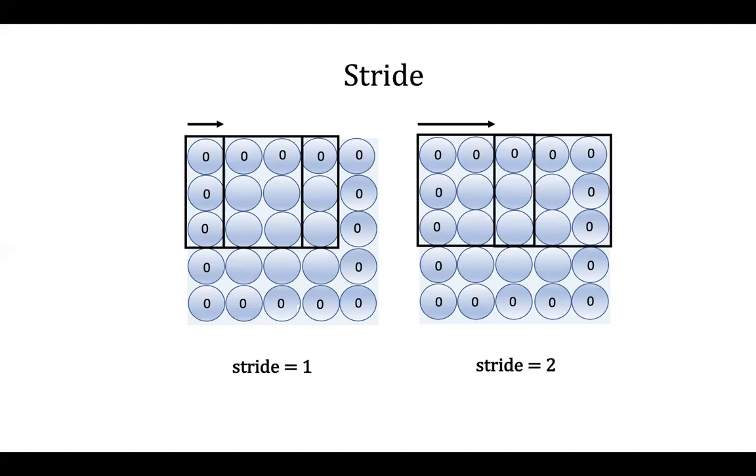For example, we can move this kernel by 2 pixels. In this case, we say that the stride is 2. And as you may imagine, the larger the stride you use, the smaller the size of the output.